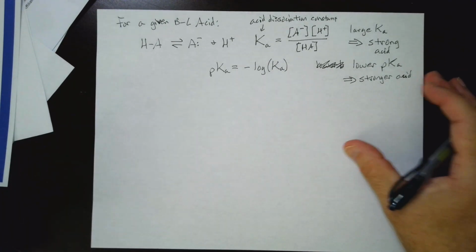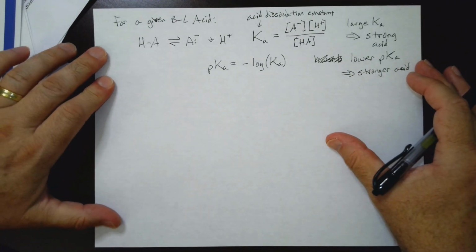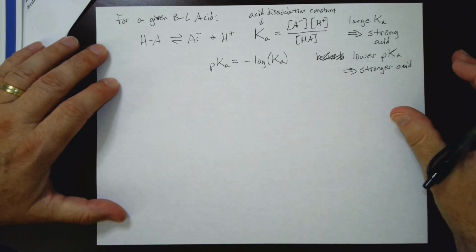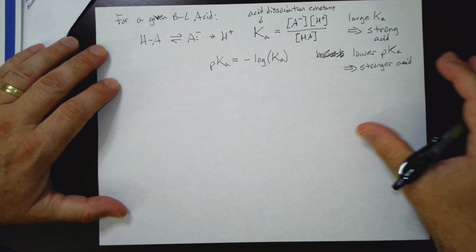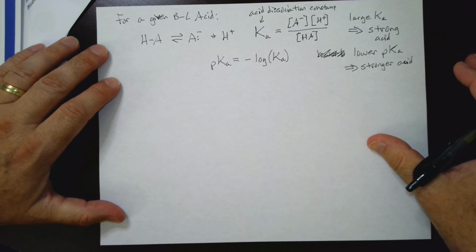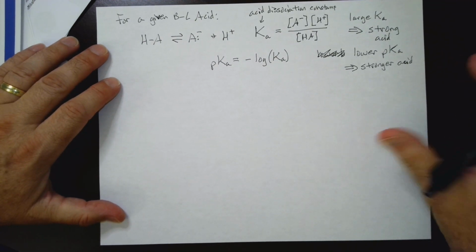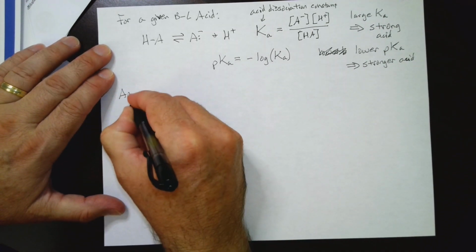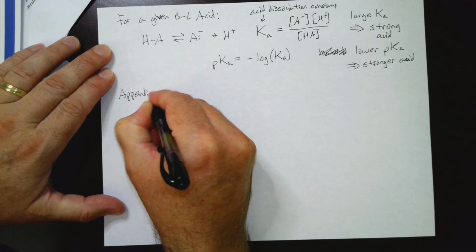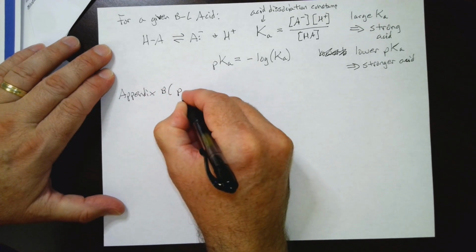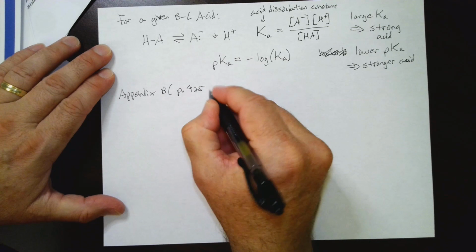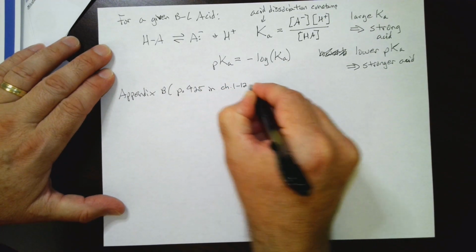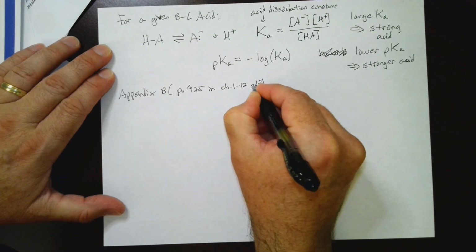Now you guys probably know that. This is a bit of review. I'm not going to talk about Kb and pKb. Okay, I'll tell you how I like to think about bases a little bit later on. So some things to note. We have Appendix B, which is page 425 in the chapter 1 through 12 PDF.